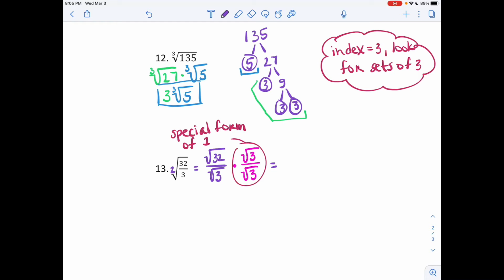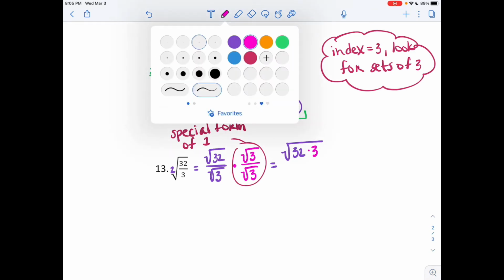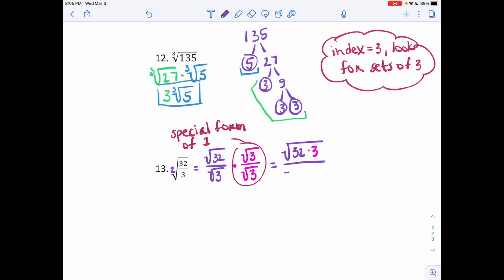Now what I'm going to do is use my product property and go ahead and multiply across the top and across the bottom. So I'm going to say 32 times that 3, and then on the bottom of the fraction, I'm going to have the 3 times the 3 that I just multiplied by.